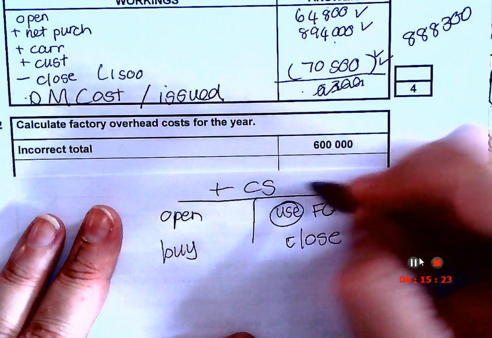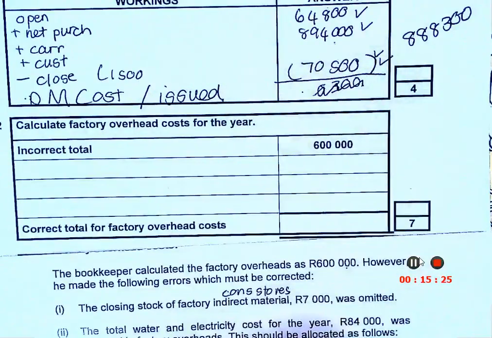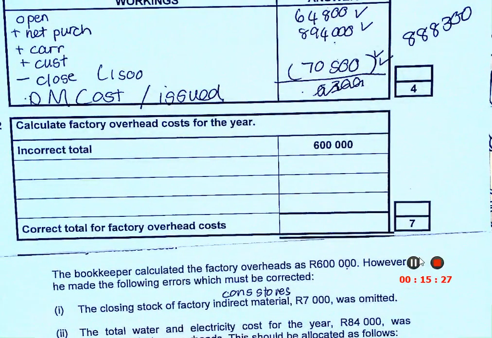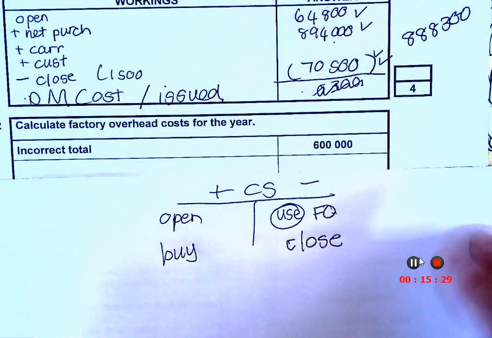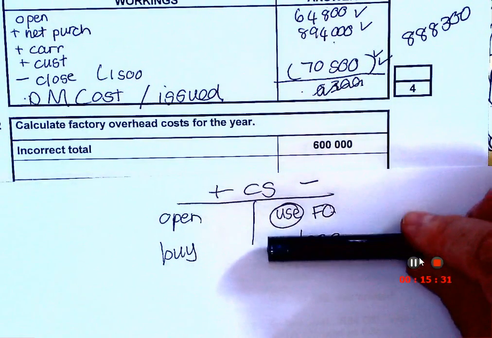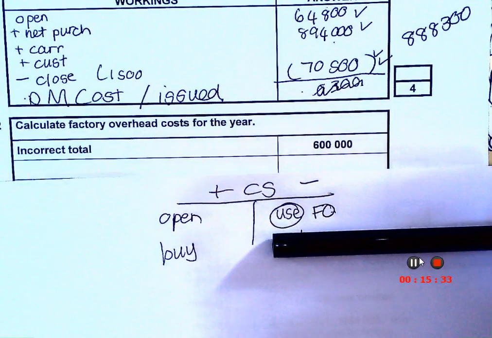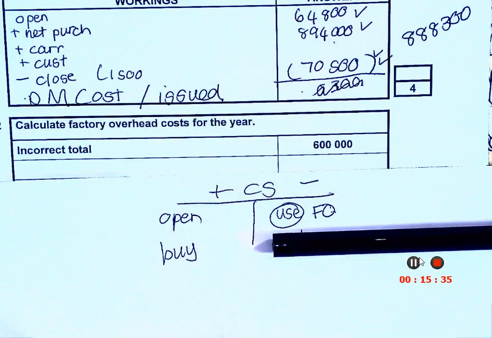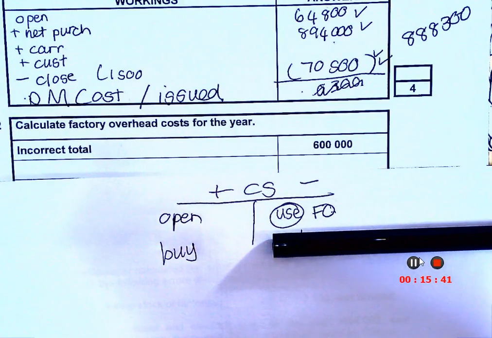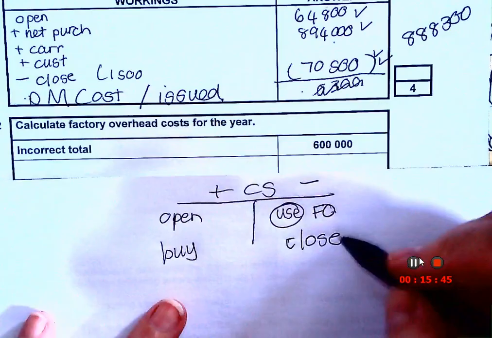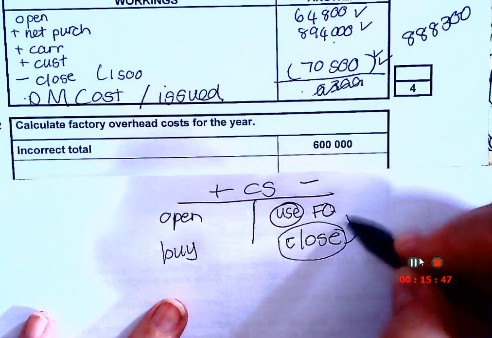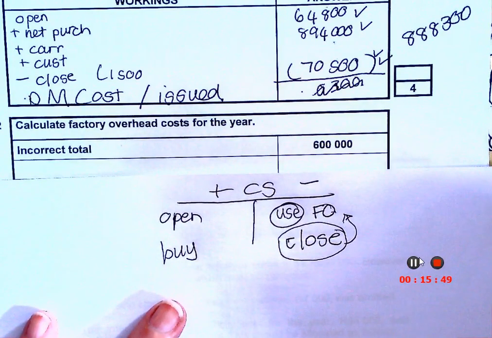Now, if I go look at this, what do they say? They say the closing stock was omitted. So they worked out everything without the closing stock. They said opening plus buying less used. So can you see their used is 7,000 too much?